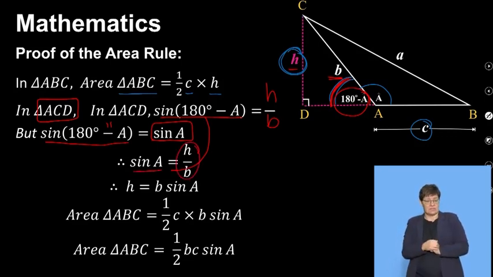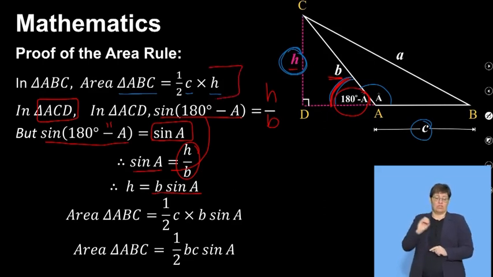So what does it mean? It means that sine of A is equal to H over B. And when we rearrange this again, we end up with the same version of H that we had earlier, which is B times sine of A. And again, we're going to substitute that for the H in our original formula for area.